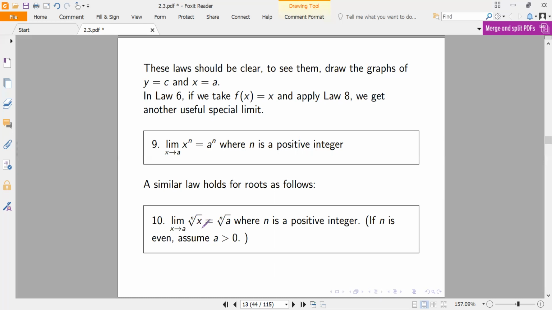It generalizes, meaning that even if you have the nth root of x, evaluating that limit, you'll still get the nth root of a, because the limit of x approaching a of x is a. And again, n is a positive integer. Why? Think about square roots.